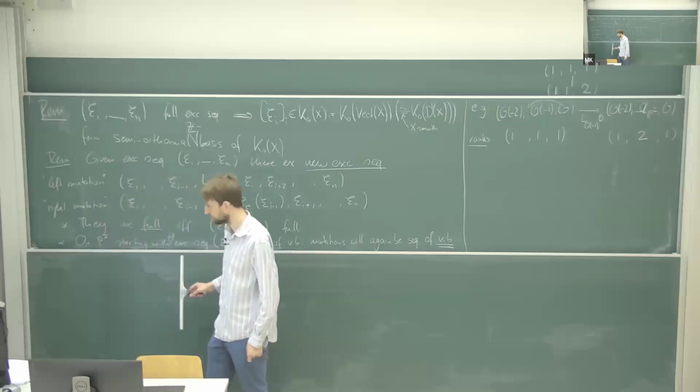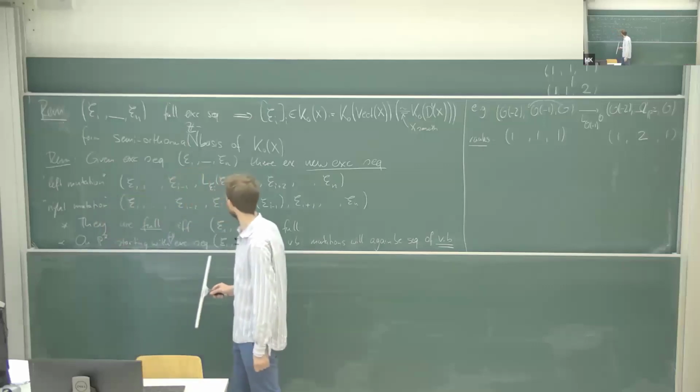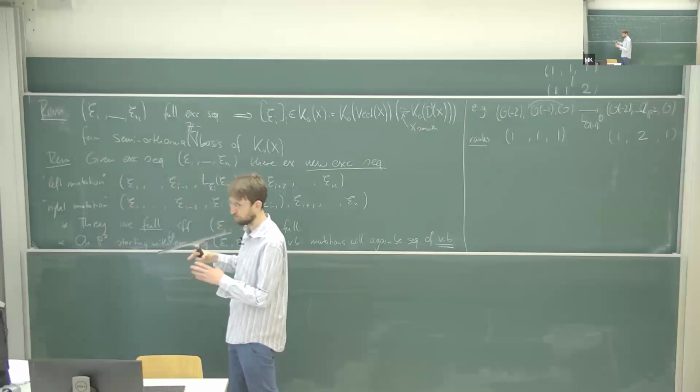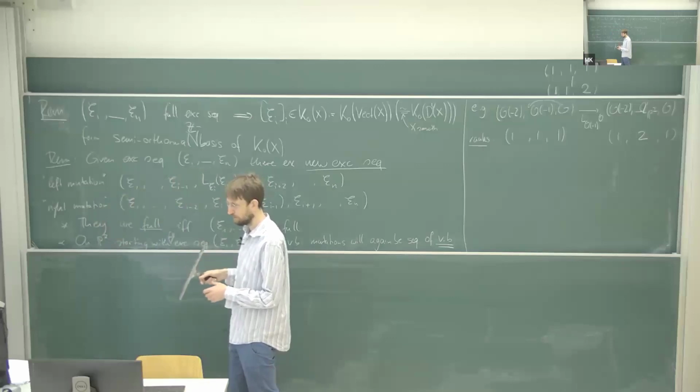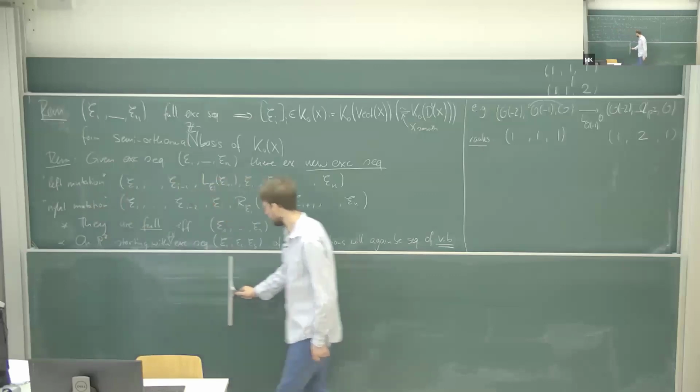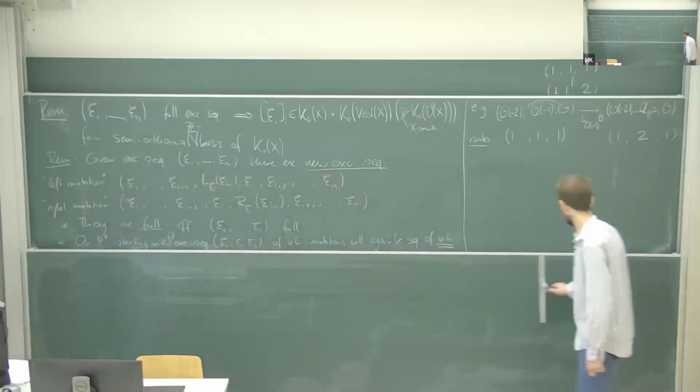So that involves the Euler pairing on the Grothendieck group. So we've got this Euler bilinear form, and using that you can write down what the mutation does on the Grothendieck group.